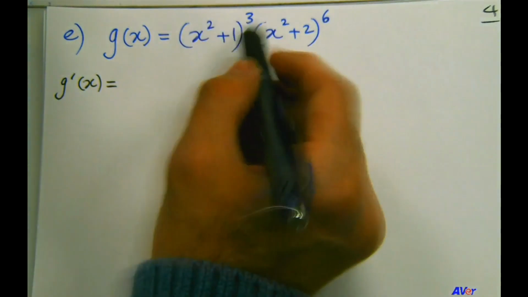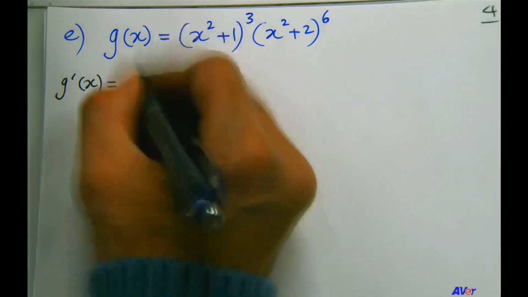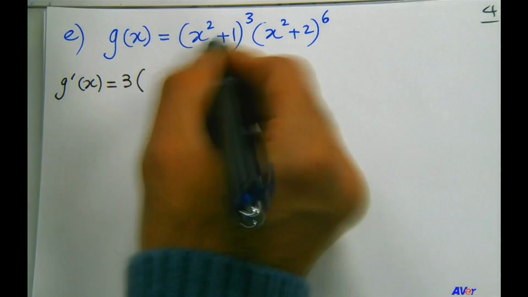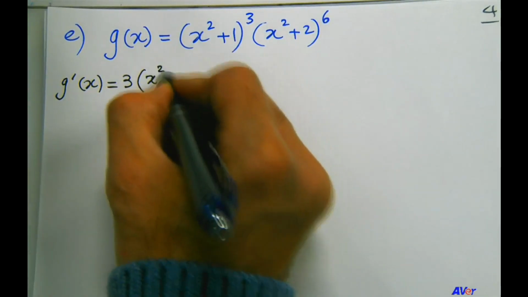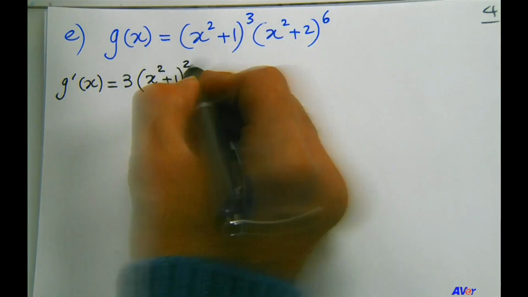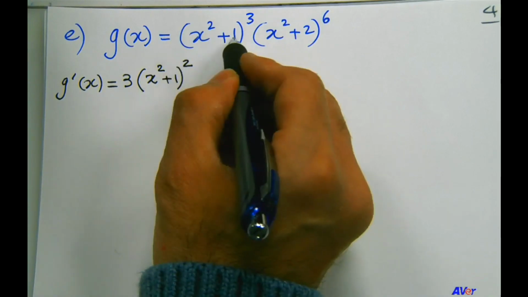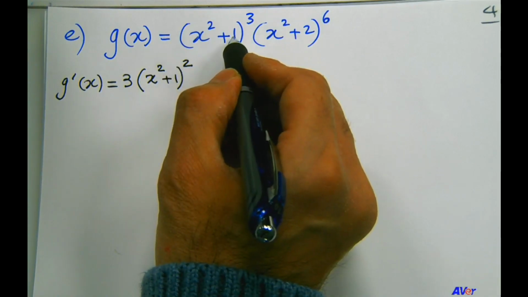So we're going to use the power rule for finding the derivatives, bring this 3 down in front, multiply it by the whole thing raised to a power minus 1, so that'll be 2. Then the derivative of this, using the product rule, remember that?